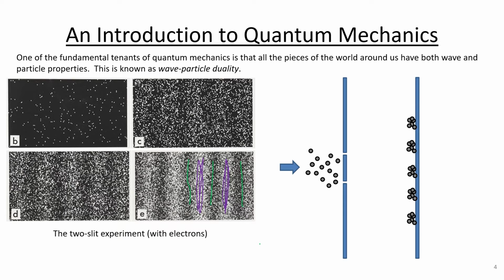This is one of the kind of bonkers things that quantum mechanics gives us. And it's not just electrons that act this way. All sorts of quantum entities have this wave-particle duality to them. If you're talking about electrons or protons or whole atoms or even collections of atoms, you can do experiments that show this property, where sometimes they act like particles, sometimes they act like waves, and sometimes they act like both at the same time.